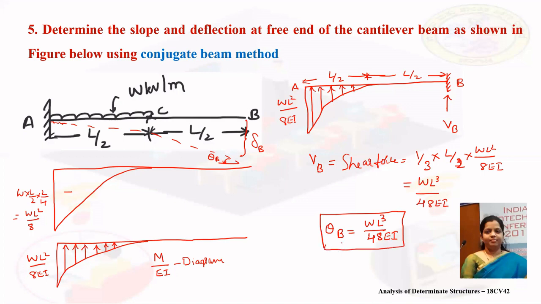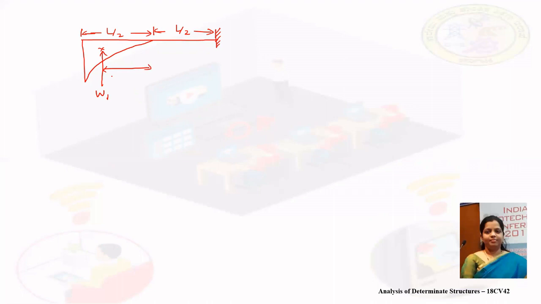Now let us compute deflection for the same. Half of the span is L by 2. Load is acting at this CG point. CG distance is equal to 3 by 4 times of L by 2.